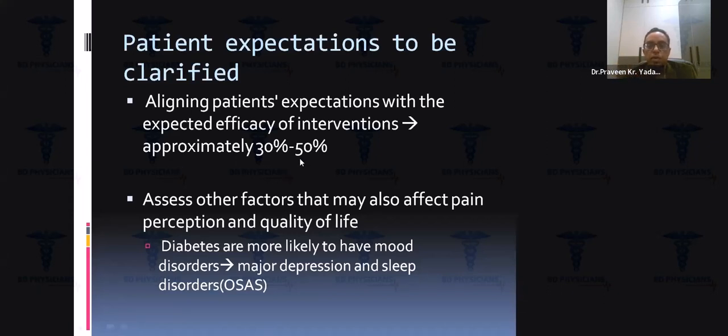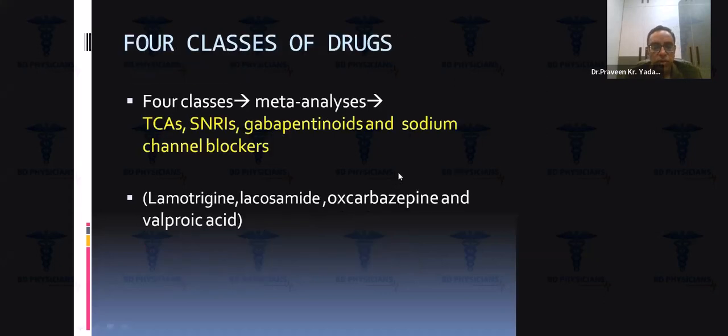Similarly, in neuropathic pain, you have to counsel the patient that the target of control will be around 30 to 50%. And then the classes of medications: we all know the commonest drugs we use are tricyclic antidepressants and the SNRIs, the serotonin norepinephrine reuptake inhibitors like desvenlafaxine, duloxetine, or venlafaxine.